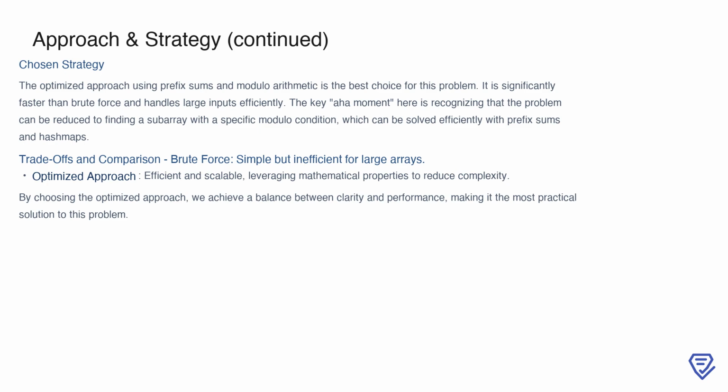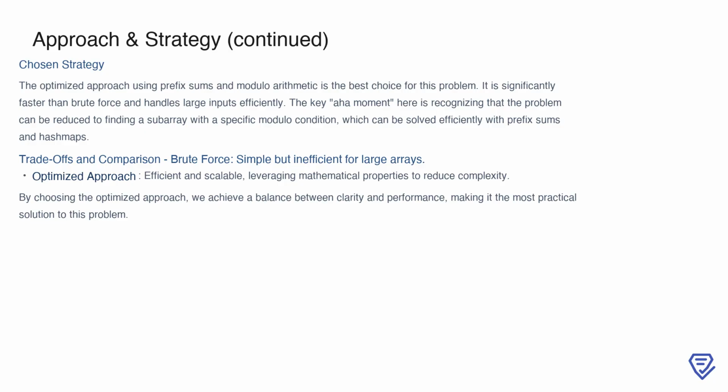The chosen strategy for this problem is the optimized approach using prefix sums and modulo arithmetic. This method is not only more efficient than brute force but also scales well for large inputs. The key insight lies in reducing the problem to finding a subarray that satisfies a specific modulo condition, which can then be solved in linear time using hash maps.